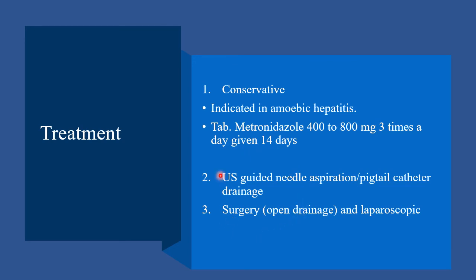Occasionally, if aspiration and drainage fail to drain the abscess adequately, surgery may have to be considered, which can be either laparotomy, that is open surgery, or laparoscopy, which is becoming more common these days.